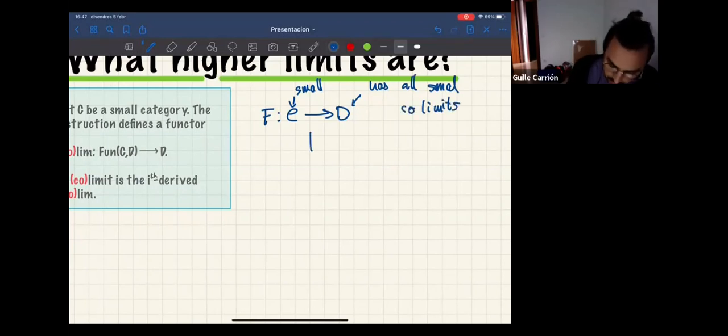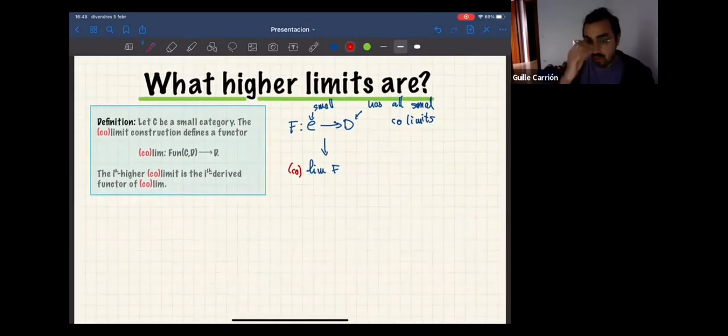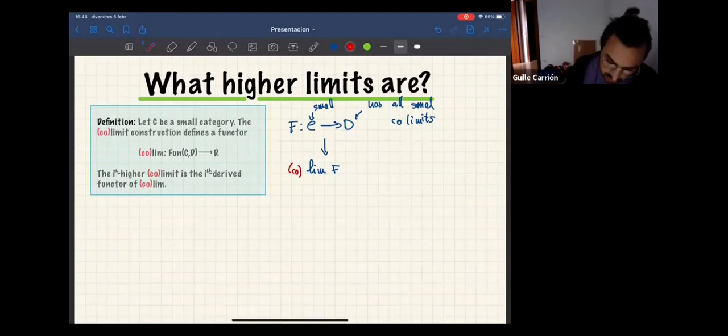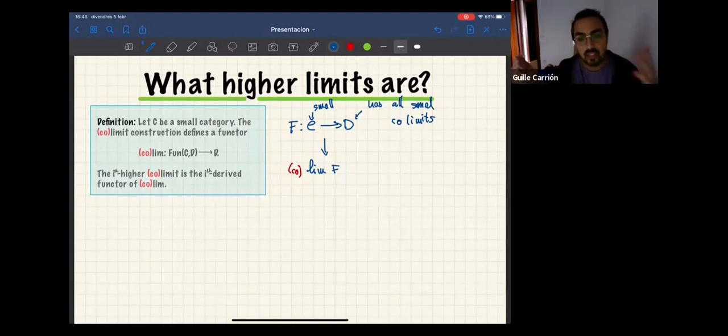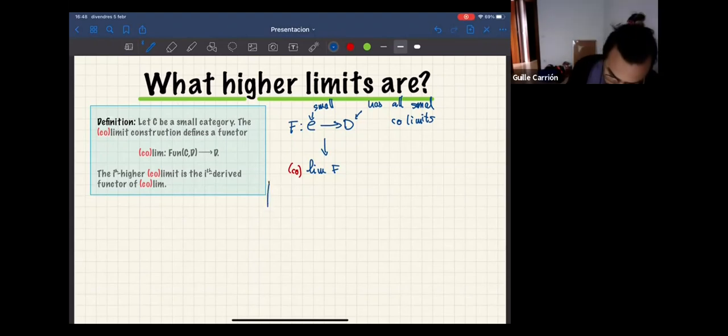So for every functor F, you can construct the lim of F or the colim of F. If D has enough projectives or enough injectives, and as lim and colim functors are exact on one side, we can derive these functors. This is the definition of higher limits using homological algebra.